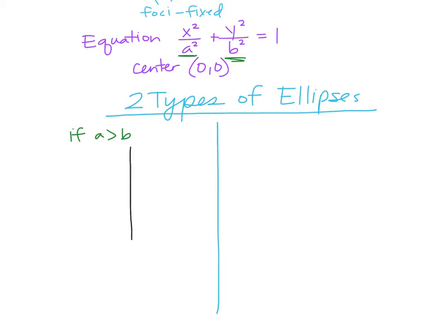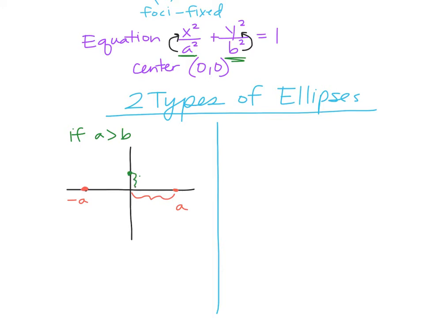If we were to draw an ellipse, okay, notice that A always goes with X, the B always goes with Y. So if you're on your X axis and you move A units, okay, so let's say we went to a point over here and we called it negative A, then the same distance over here would be a positive A. If that distance A is bigger than B, let's say we went here, right?